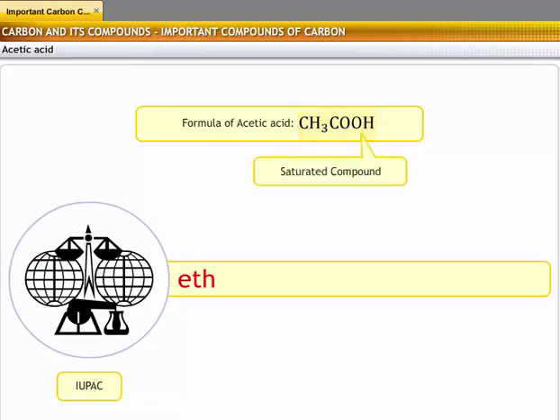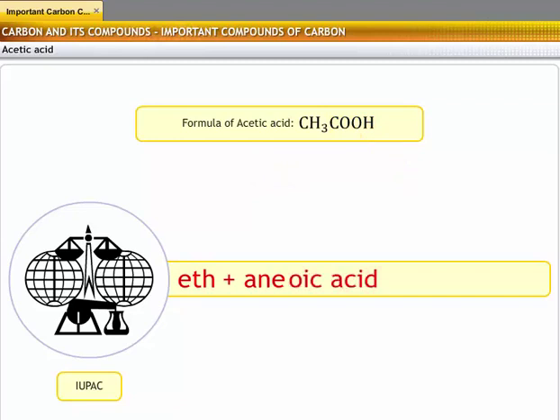As it is a saturated compound, it is given the suffix -ane. However, due to the presence of the functional group COOH, a secondary suffix oic acid is added instead of e. Therefore, the IUPAC name for acetic acid is written as ethanoic acid.